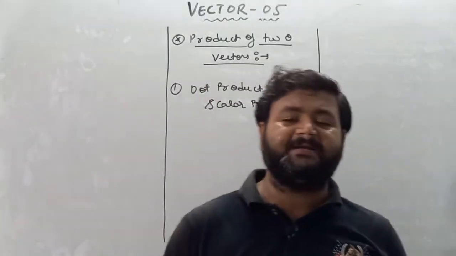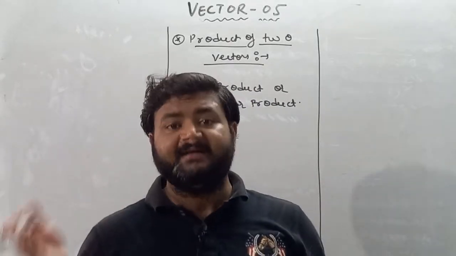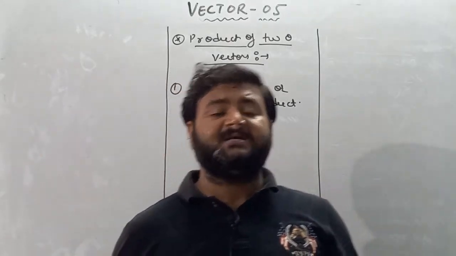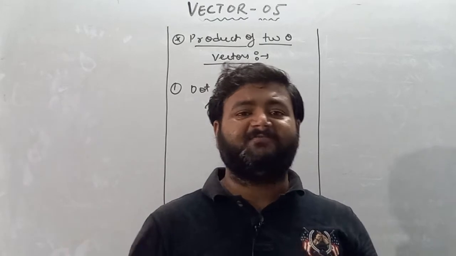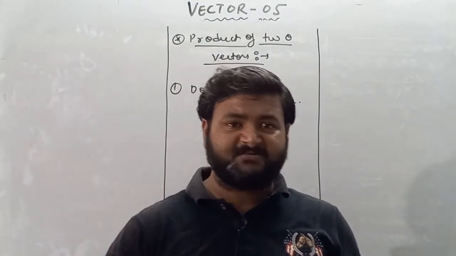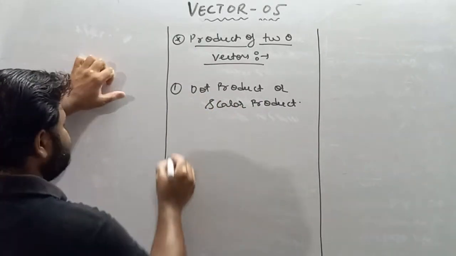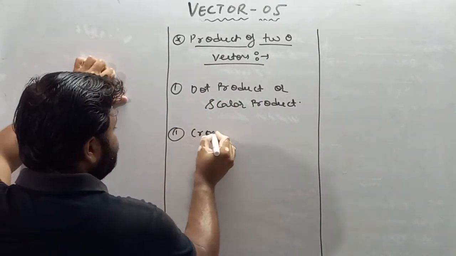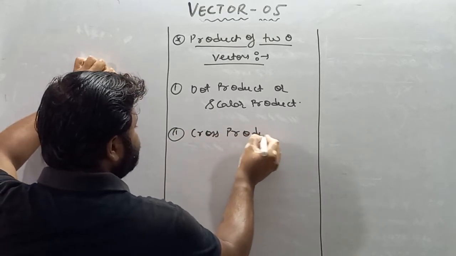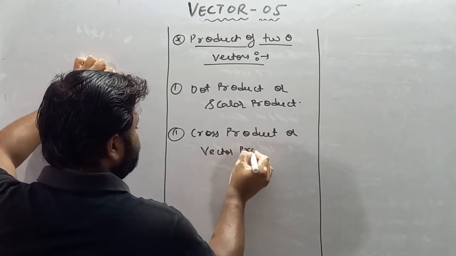Once again I am repeating, if you perform dot product between two vectors, then the result which comes after the dot product is in terms of a scalar quantity. And the second is cross product, which is also called vector product.